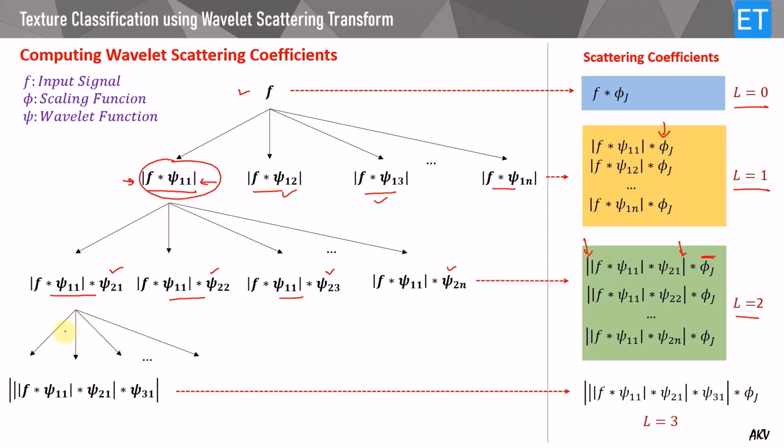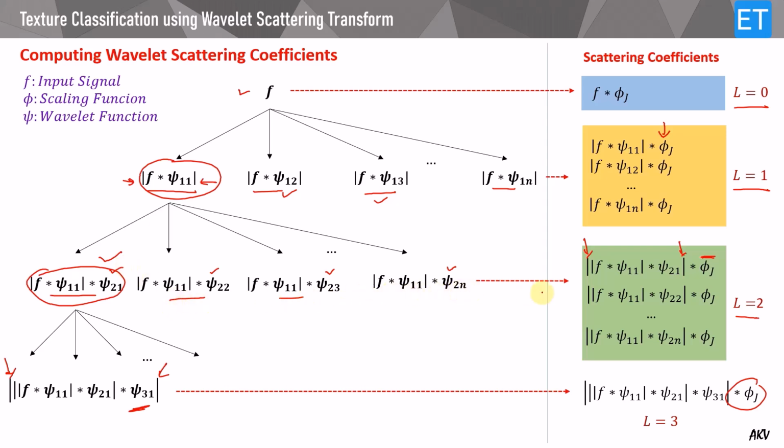Now if you want to go to level 3, you have to do the same operation. So wavelet coefficients obtained at level 2 are further convolved with the wavelets at level 3 with different frequencies like psi 31, psi 32, and so on. Then you do the mod operation, and then you do the convolution with the scaling function. This is done for all nodes.